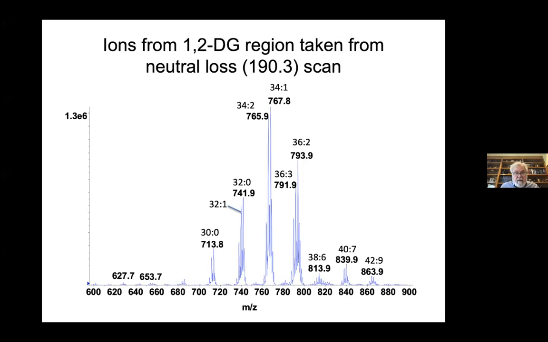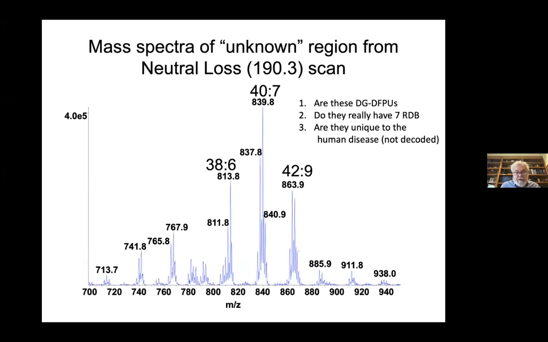Okay, here are the 1,2 diglyceride region. You can see that is now characterized by the loss of 190, which is that diphenolfluorourethane, and you can interpret those spectra. And then if you look at this spectrum, which is the 1,3 region, they're very different.